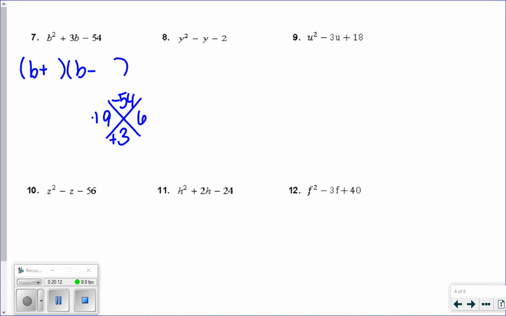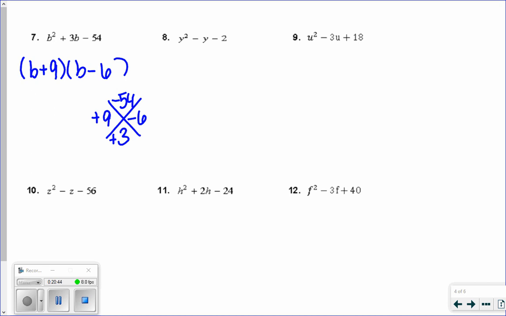That tells me that the 9 must be the positive and the 6 must be the negative. That way when I combine those, it gives me the correct sign. If not, my whole answer is wrong. So it must have been a positive 9 being combined with a negative 6. That is the unique combination, the only combination that would work in this particular problem. So our factored version there is b plus 9 and then b minus 6.